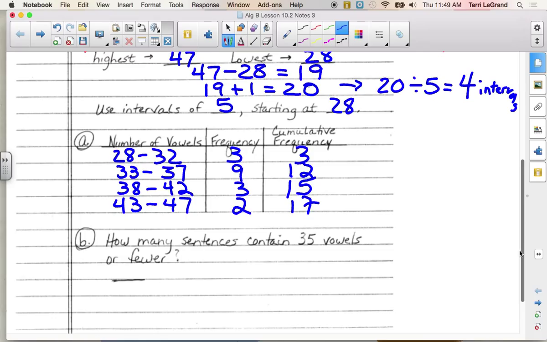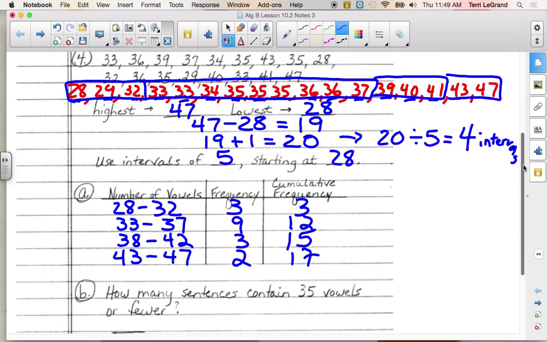So we're going to go up to our ordered list. If this interval had ended at 35, we would look and say it's got to be 35 or fewer, so we could use this row and that row.